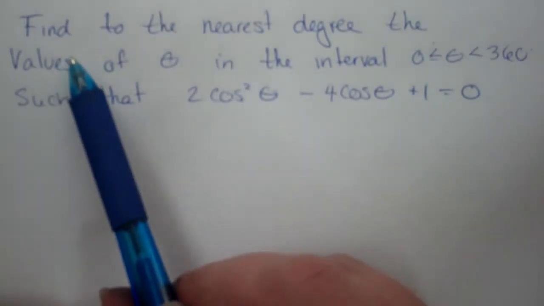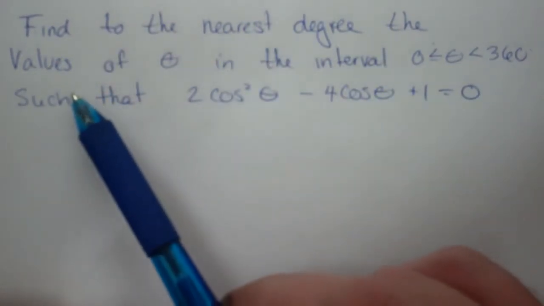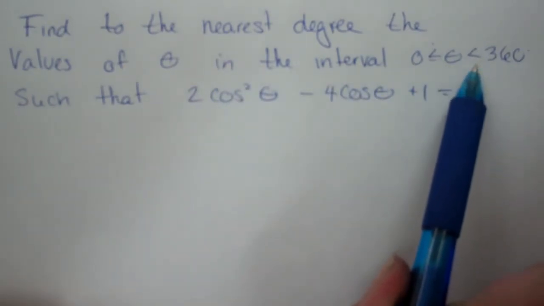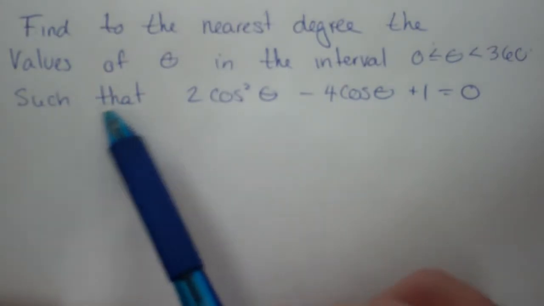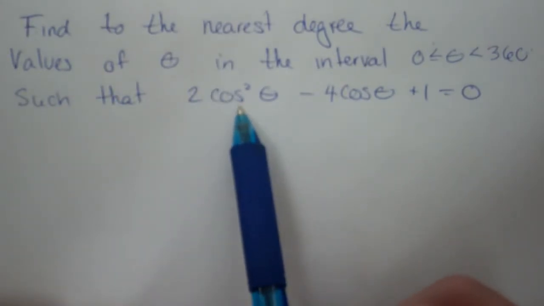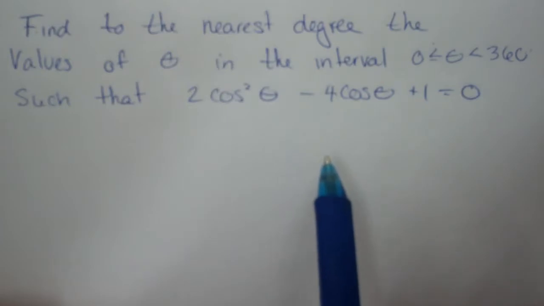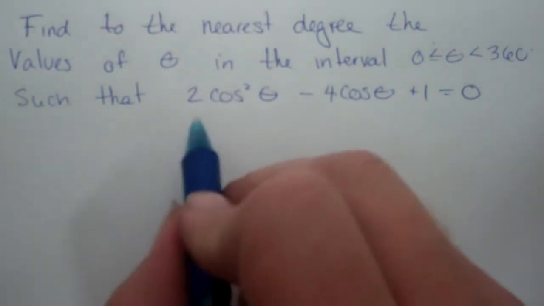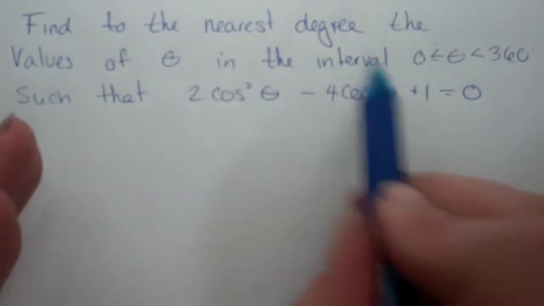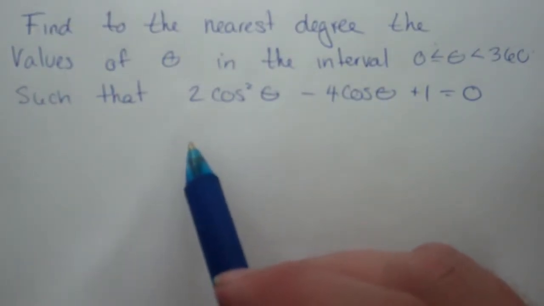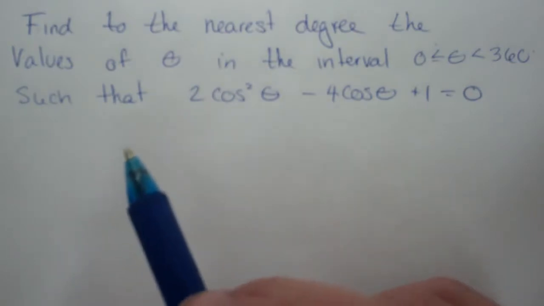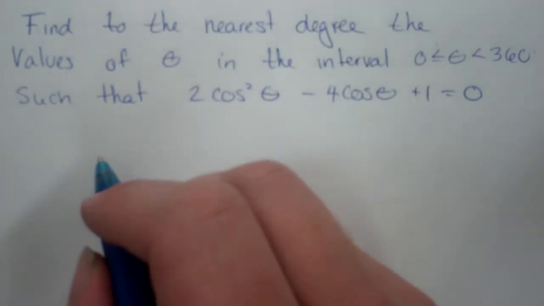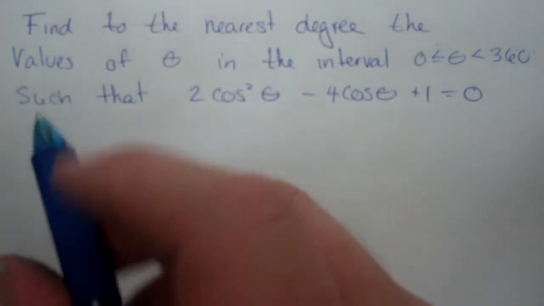It says, find to the nearest degree the values of theta in the interval 0 is less than or equal to theta is less than 360, such that 2 times cosine squared theta minus 4 cosine theta plus 1 is equal to 0. This cannot be factored, and so the surest way to find solutions here is to do a u substitution right away.